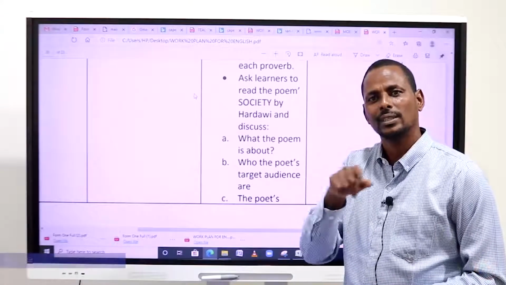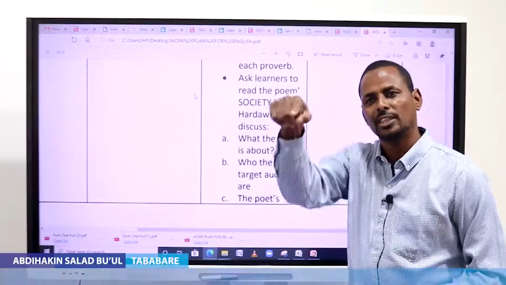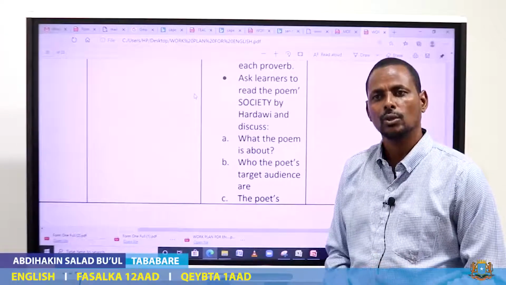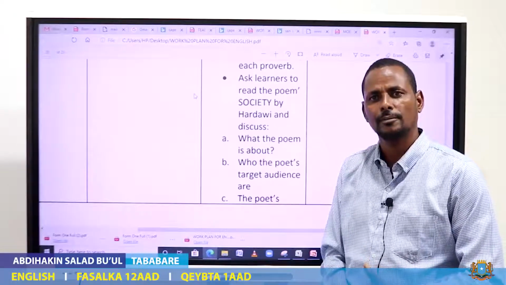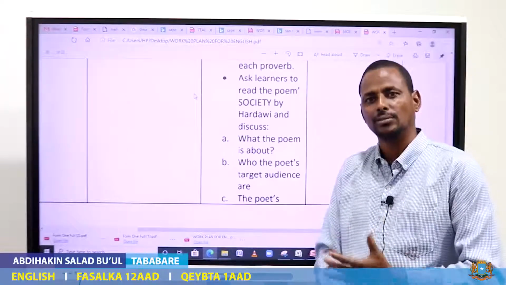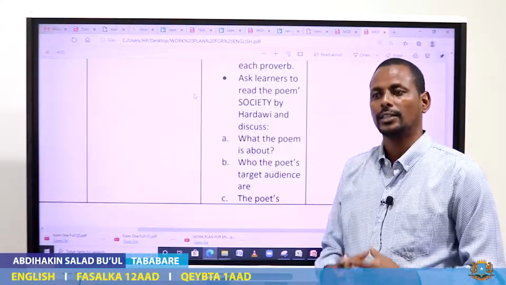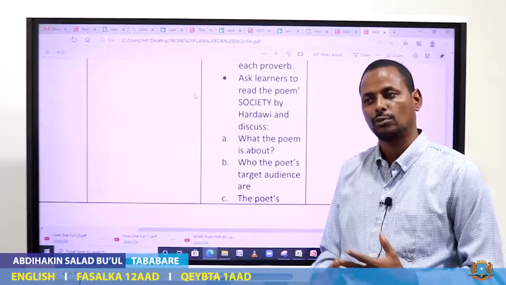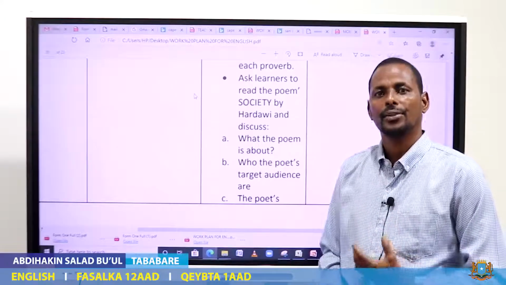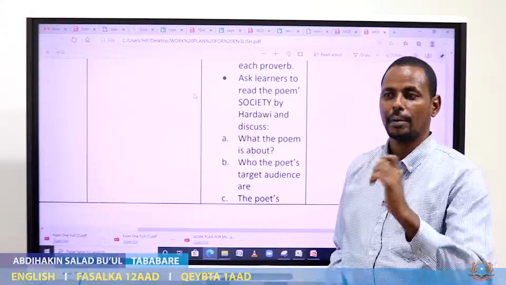Look at the way the persona talks. This will lead you to the time setting and geographical setting, where this poem has been set, which society is being addressed, what they believe, what the themes are. So: thematic analysis, and setting, time setting, geographical setting, and thematic analysis, themes. Number 3, linguistic: language use and style.